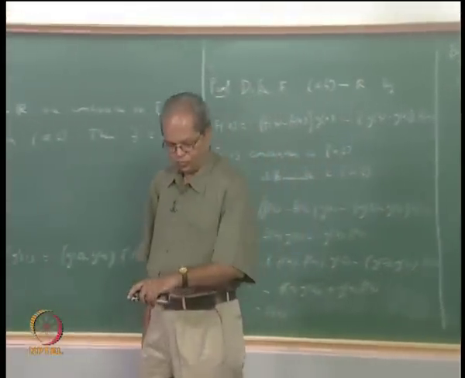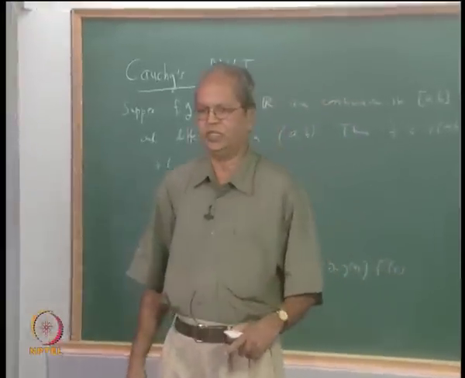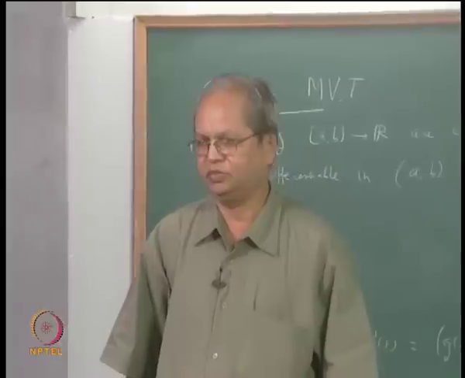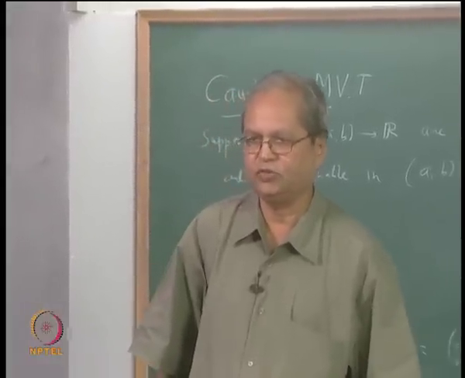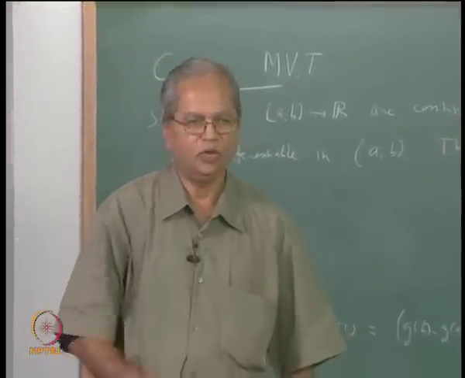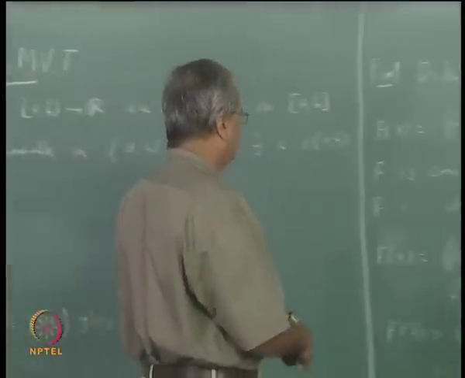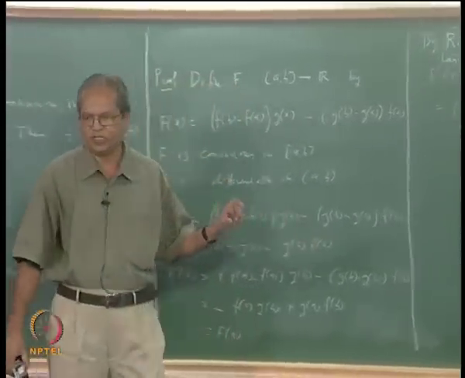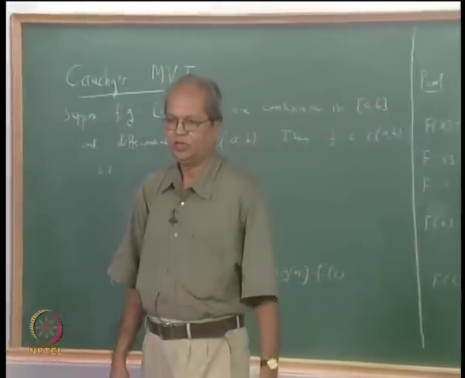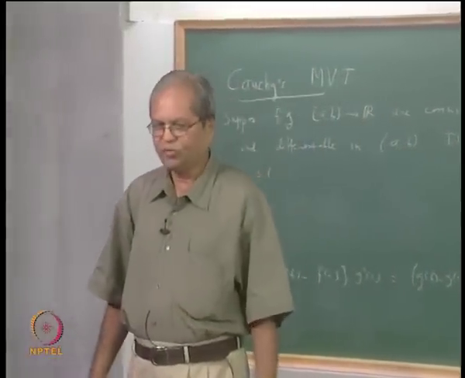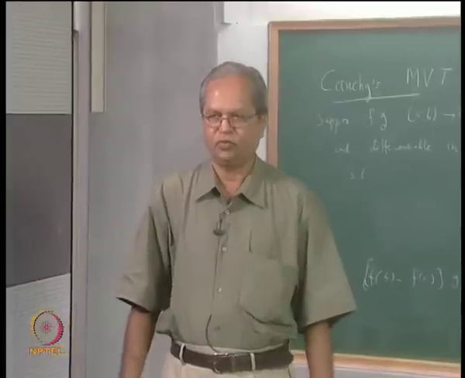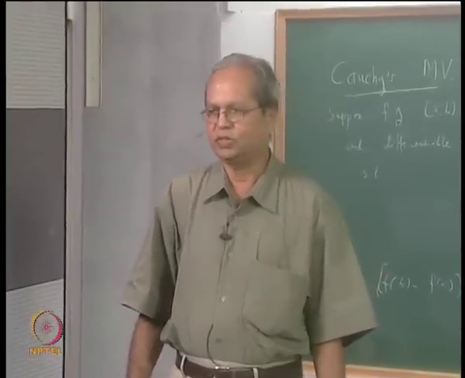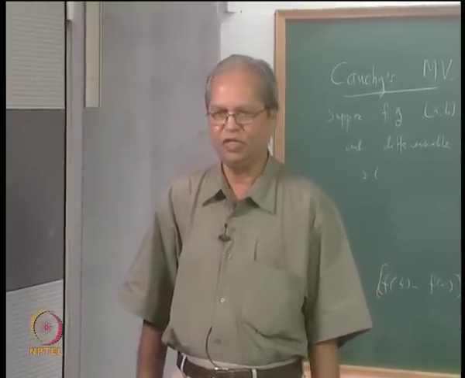Before going to the other problem which I mentioned yesterday, namely about the types of continuities of the derivatives, let me also discuss one more very frequent application of this Cauchy's mean value theorem, especially in undergraduate calculus. You would have come across what are called indeterminate forms, forms like 0 by 0 or infinity by infinity.